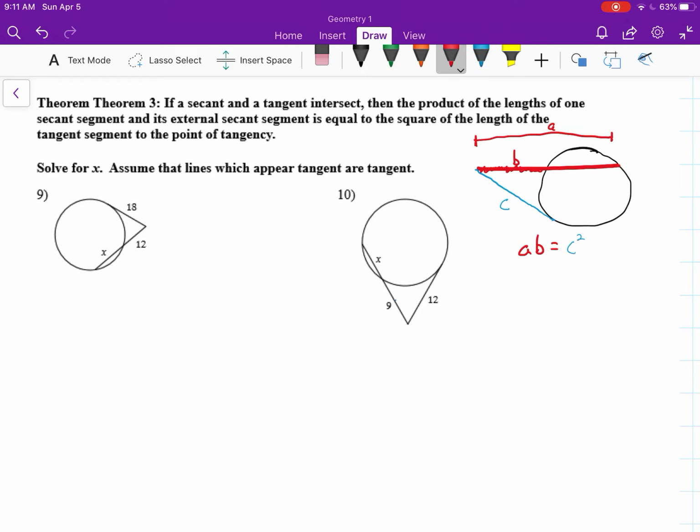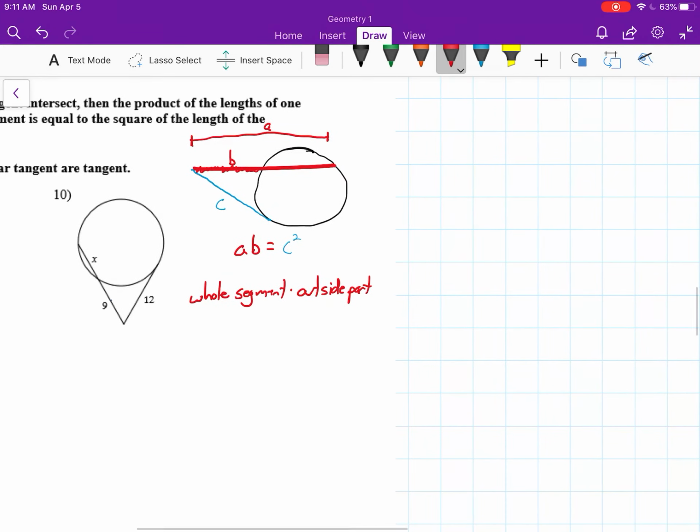But notice this still does fit the idea of the whole segment for the secant segment. So whole segment times the outside part is going to be equal to, and does it still work over here? Equal to the whole segment.